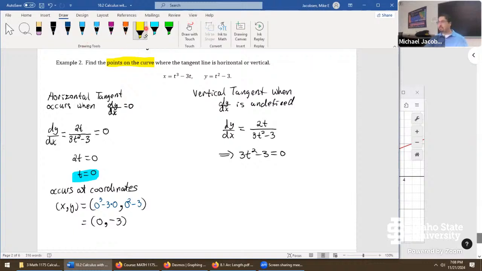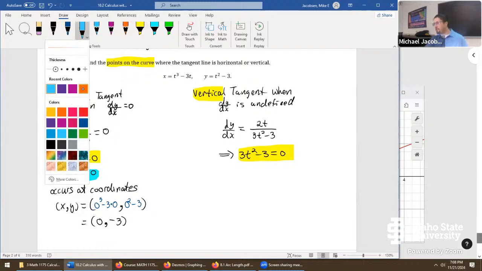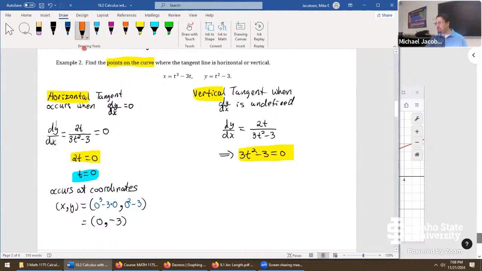So now we can kind of make an interesting observation. When you're dealing with a horizontal tangent, all you're taking is the numerator and setting it equal to 0. If you're dealing with a vertical tangent, all you're now doing is taking the denominator and setting it equal to 0. I don't know if my color coding fully conveys that, so let me put down some words.